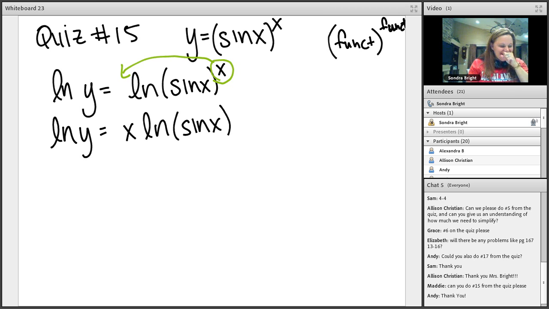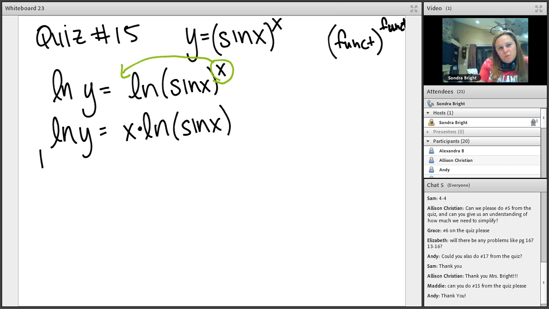All right, now we're going to take the derivative of both sides implicitly. I think it'll be ugly if we try to get y by itself though. Yeah, okay, we're going to stick with implicit.